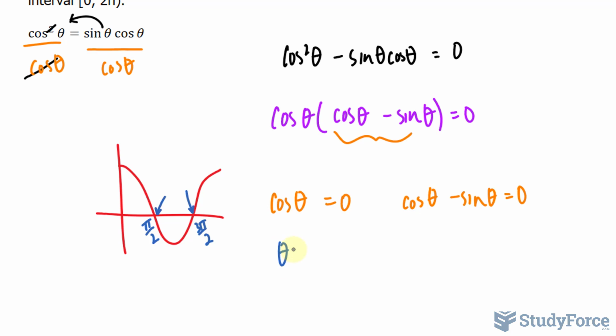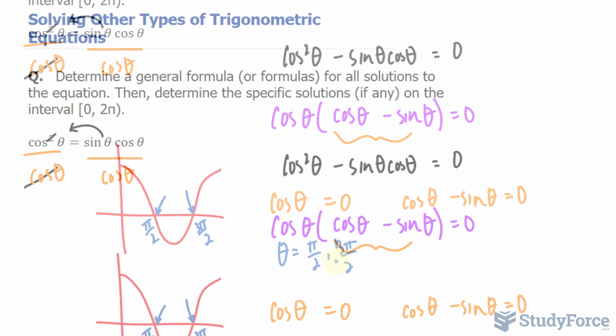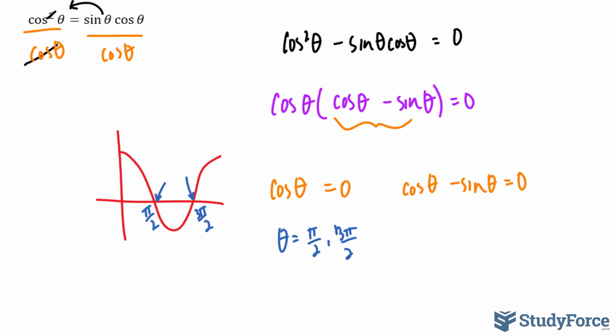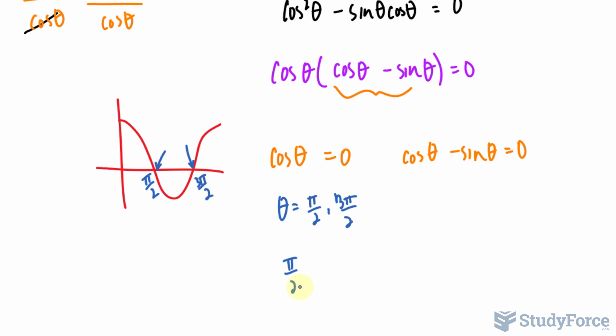So theta has to either be pi over 2 or 3 pi over 2, and that fits within the interval 0 to 2 pi. Generally, what we can say is pi over 2 plus pi k, where k is any integer. And this would be the general form for all of these types of solutions if the wave were to continue.